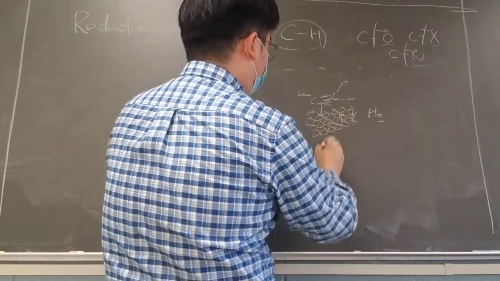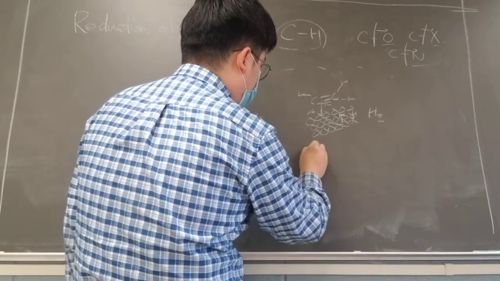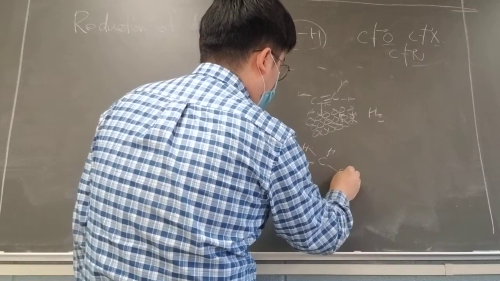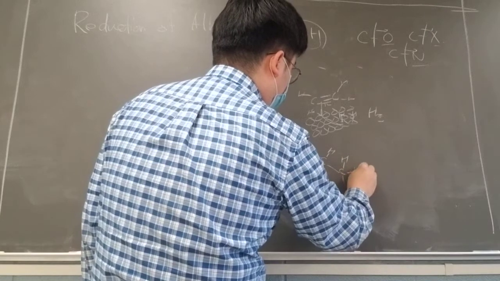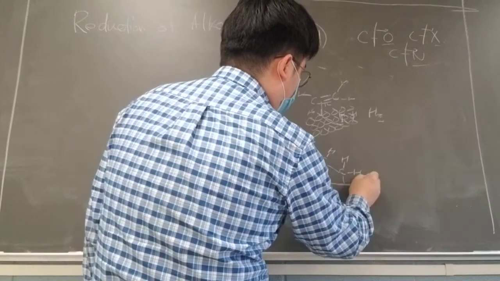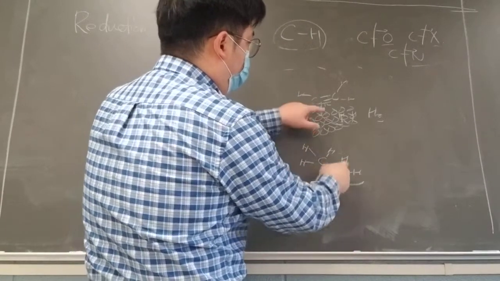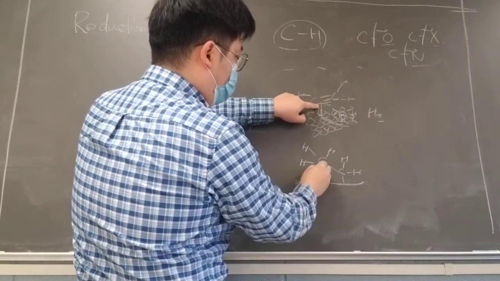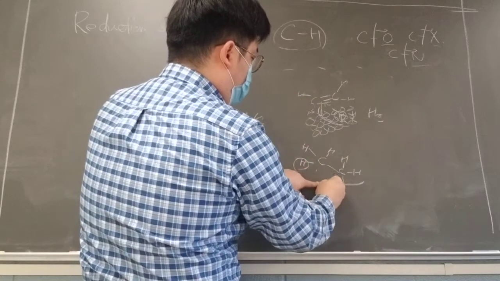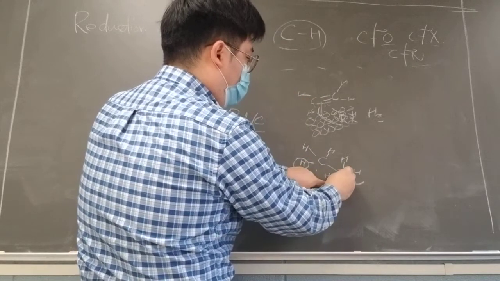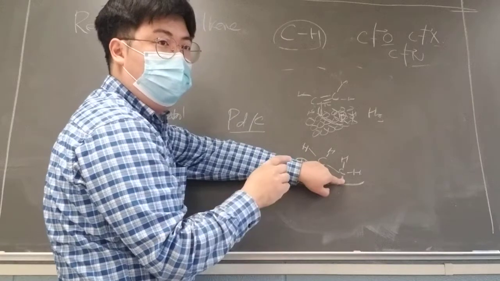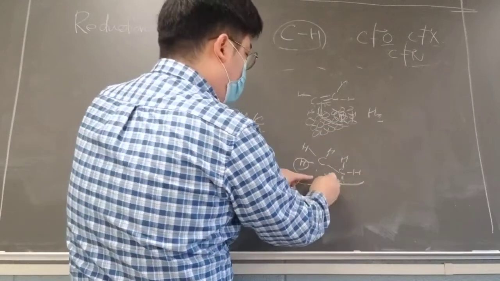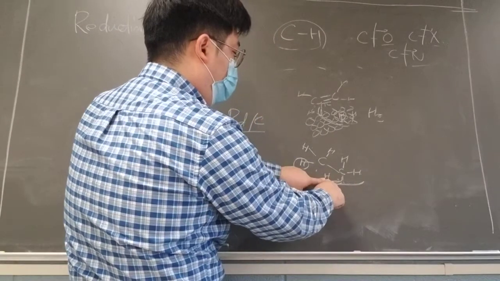One hydrogen comes to this side of the metal surface, breaking the double bond, and then another hydrogen comes in from the other side. Now it's not the pi bond but a carbon-metal sigma bond, which then switches to a carbon-hydrogen bond again.